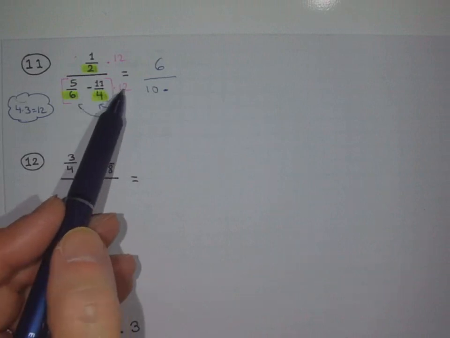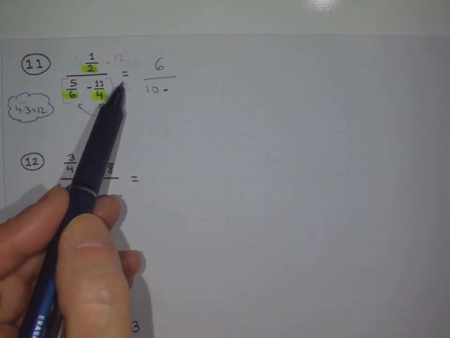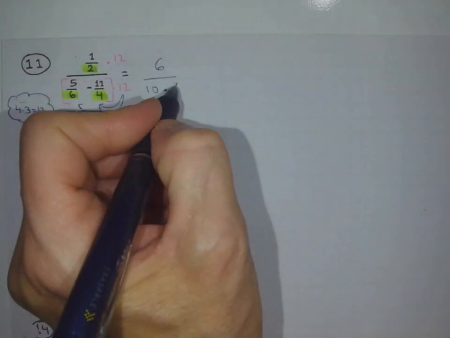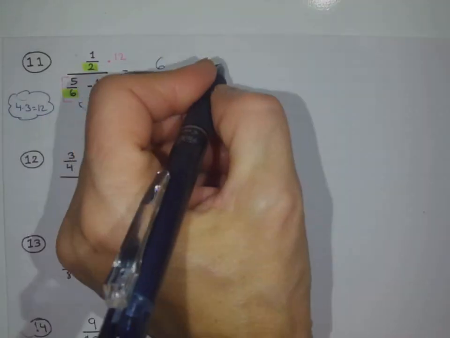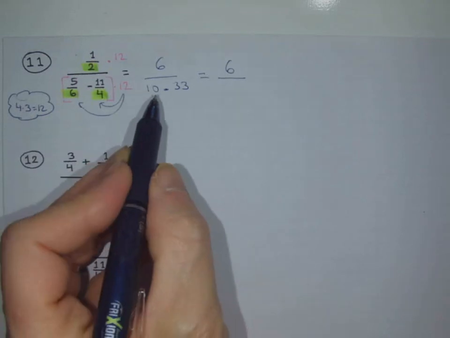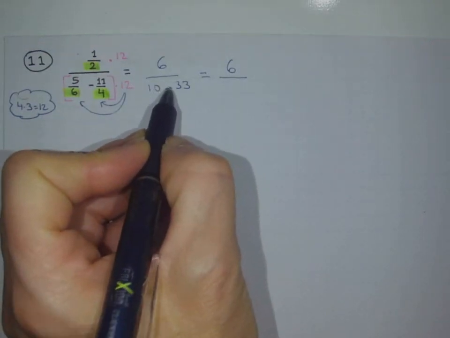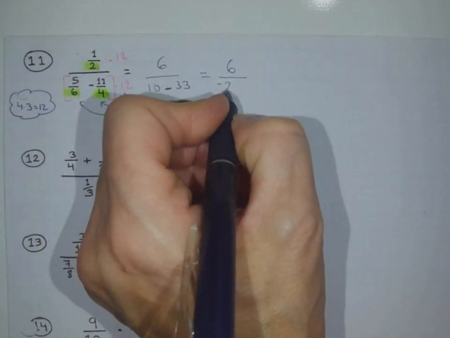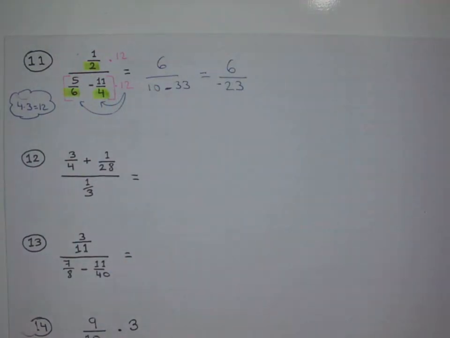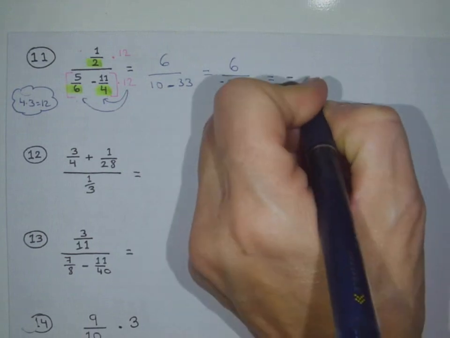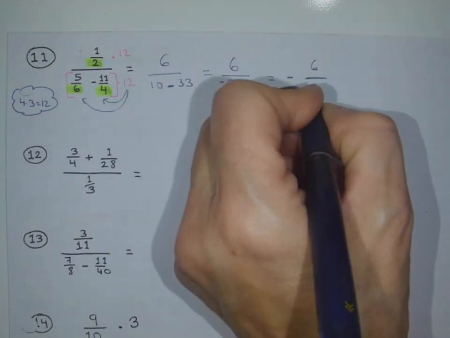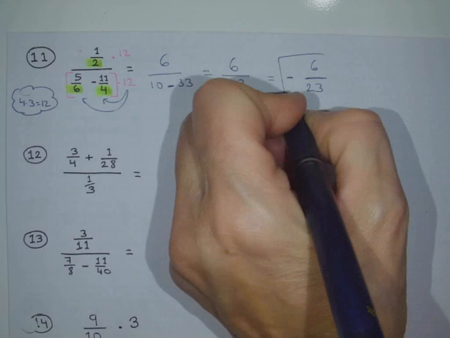Well, 12 divided by 4 is 3, so 3 times 11 is 33. And I'll just finish that. So I have 6 over, and then 10 minus 33 is negative 23. Now, we don't like negative in the denominator, so we can just move it to the front and do that, and that will be the same thing, and that's absolutely okay.